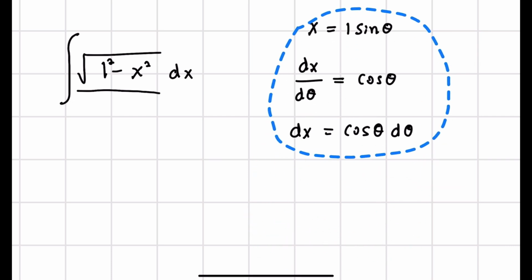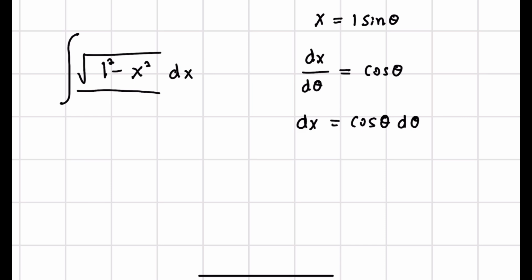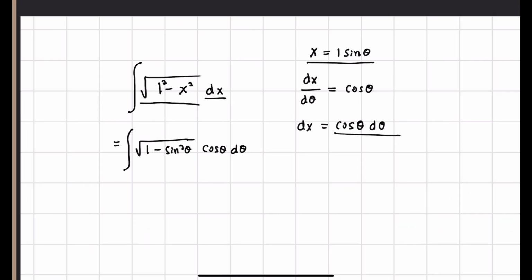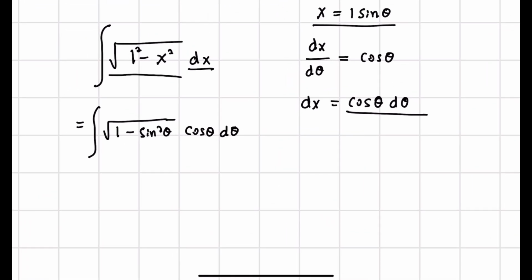Now let's substitute everything. So we have the integral of root 1 minus sine theta squared here, and then dx is equal to cosine theta d theta. Now we have to work with the root of 1 minus sine theta squared.